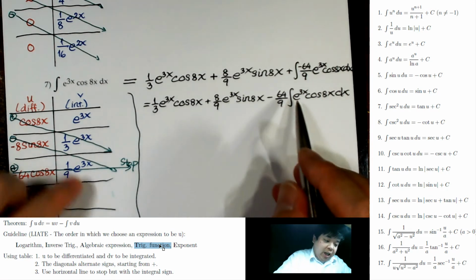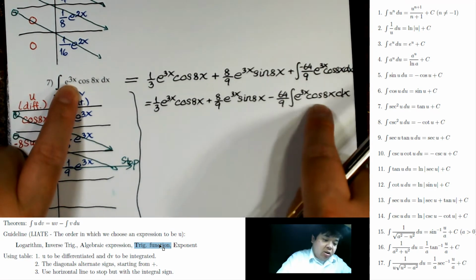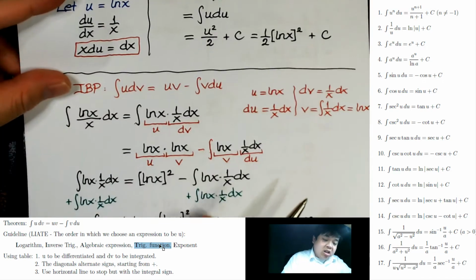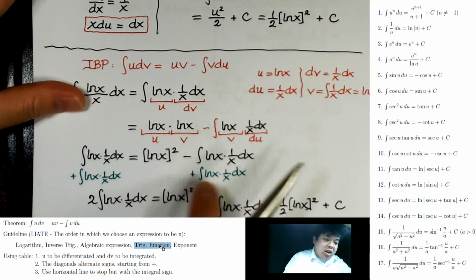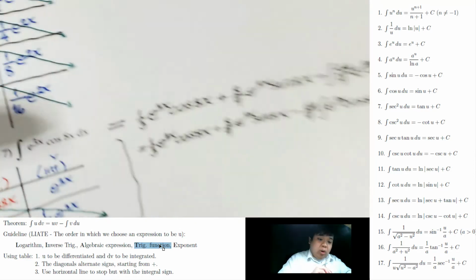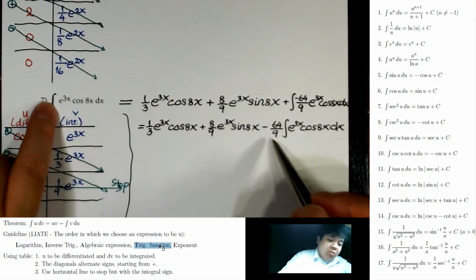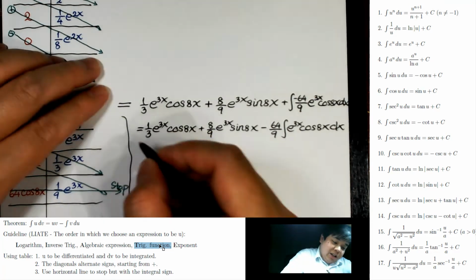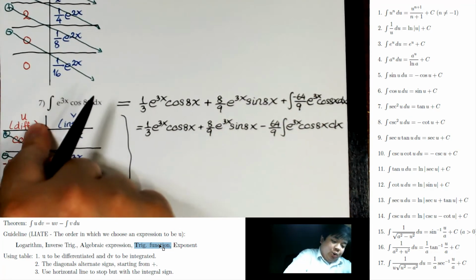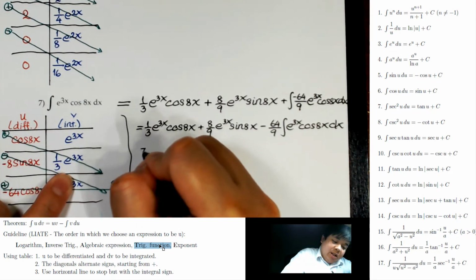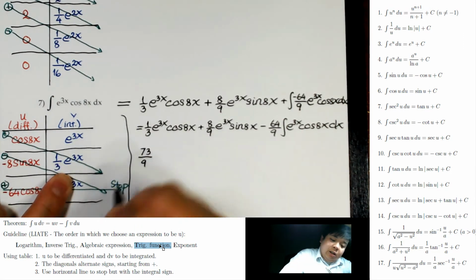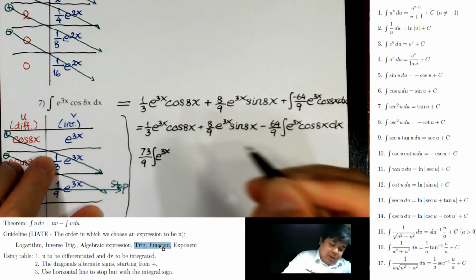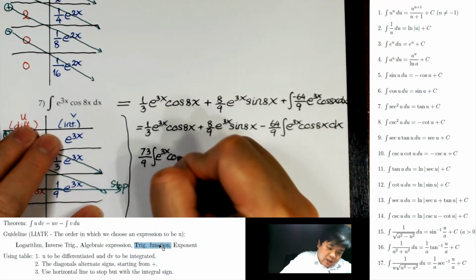What we do is, this is on the left side, this is on the right side, we're going to move this to that side. Pretty much we did just like the previous problem where we add the same thing on both sides. We do exactly that. a squared over 9 plus 1 gives us, say, 73 over 9. So we add that to the other side, giving us 73 over 9 e to the 3x cosine ax.